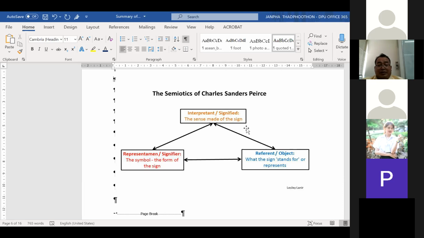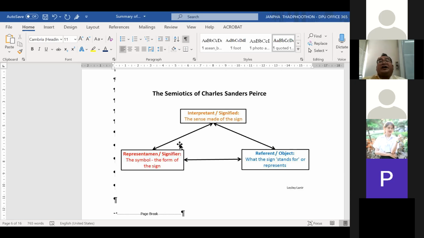Let me give you an example. If I say water, the signifier or the representamen is the sound "water." What is in your head now is what we call the interpretant or signified. It is the meaning in your head when you hear the word water.